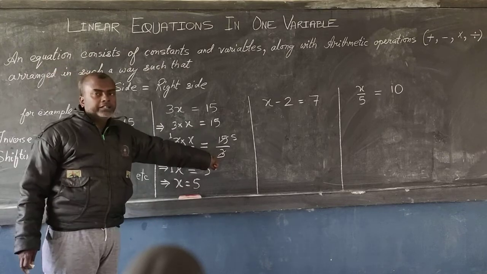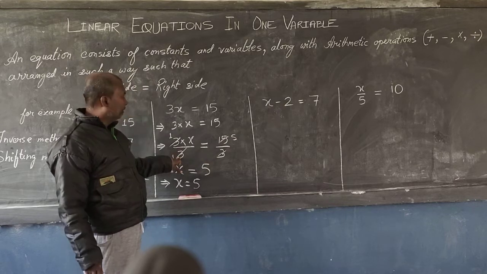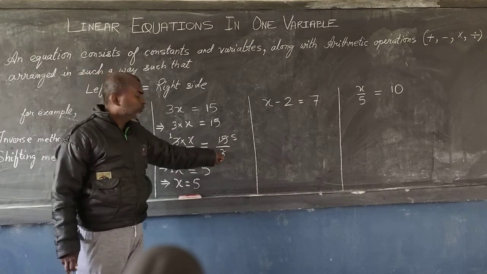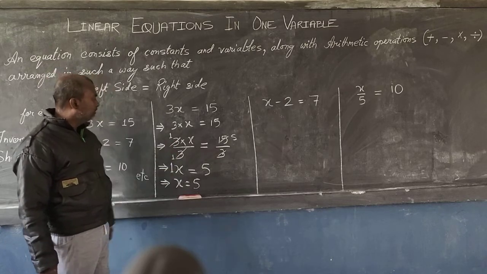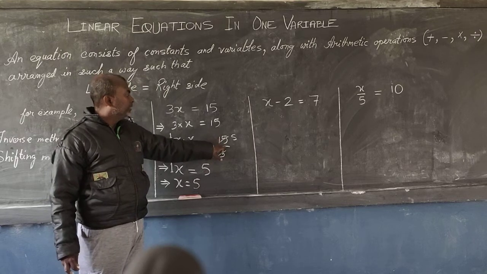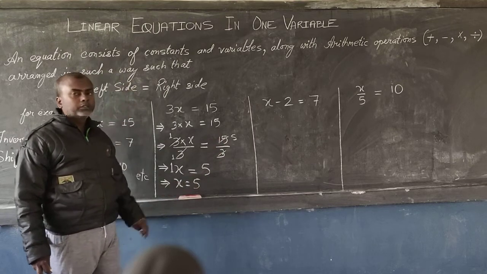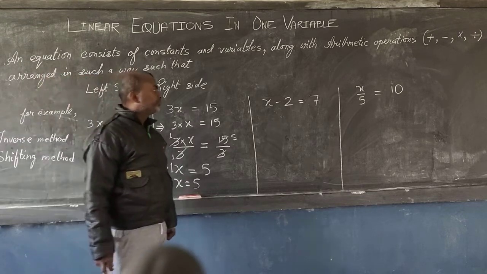The same thing I have done on the right side also. Whatever number I have used here, in this case it is 3, here also it should be divided by 3. So when you solve it, 3 and 3 will cancel. You will only get x. On this side, 15 divided by 3 is 5. So the x value is 5. This is known as the inverse method.